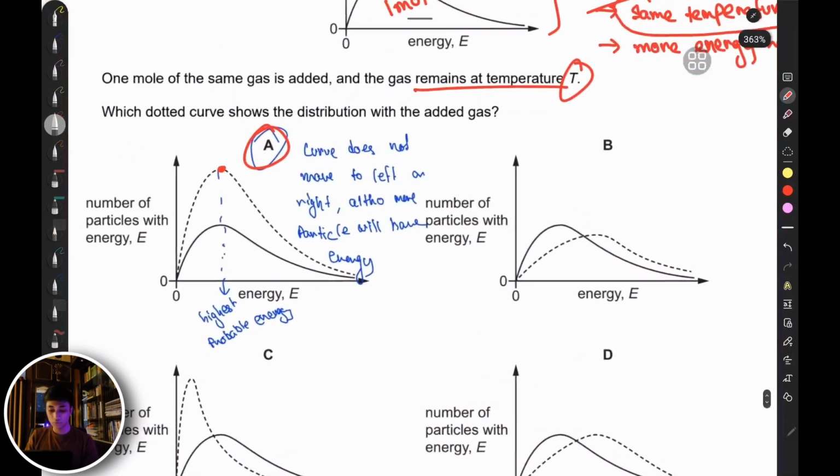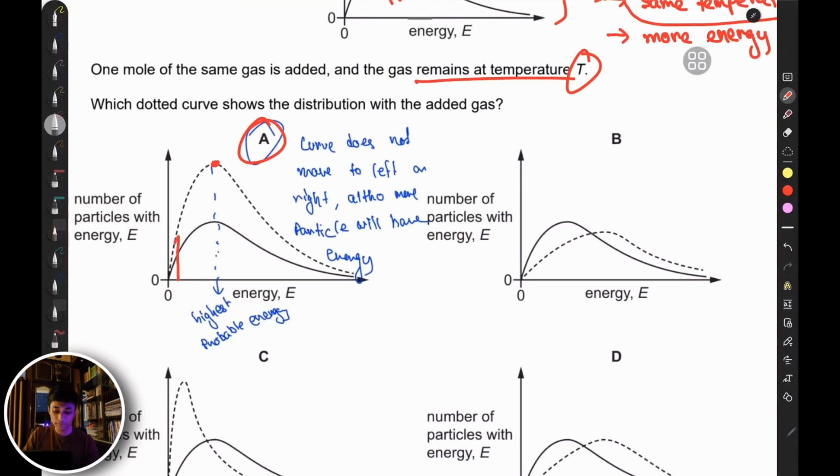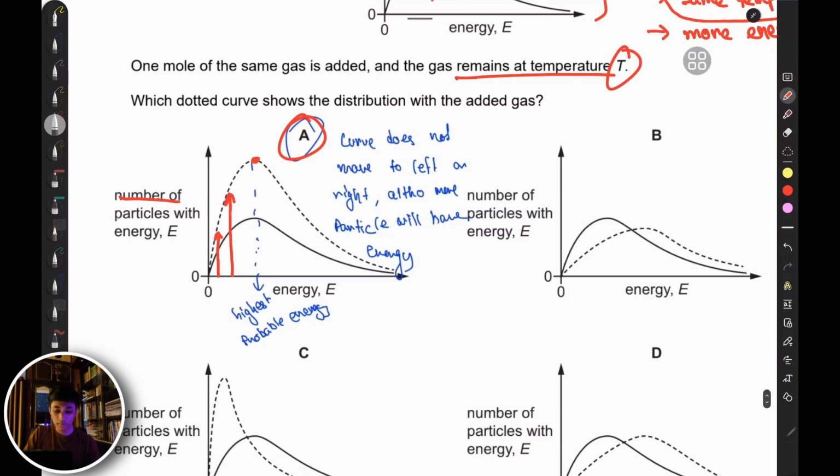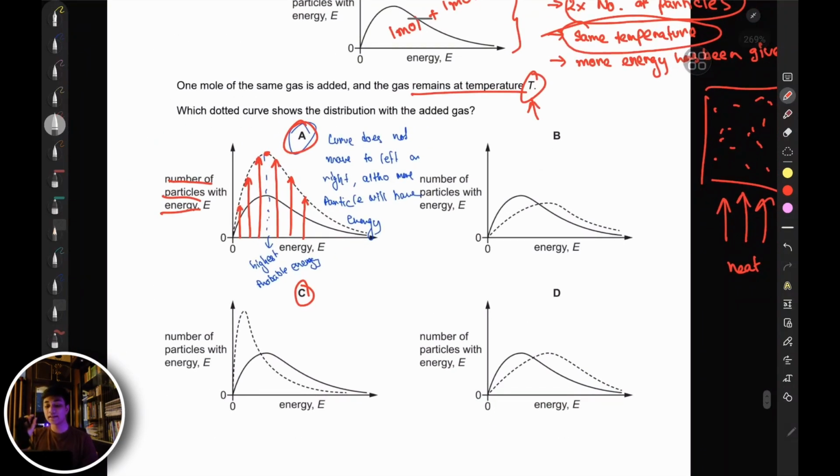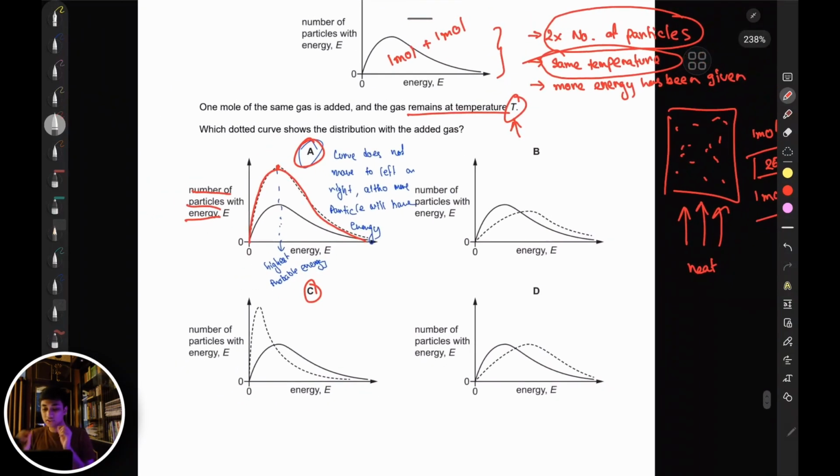Which is why the number of particles has increased substantially. So you could also argue for C, but the problem is they have mentioned temperature stays the same, which is why the overall shape of the curve, or let's say the place where the peak would be, should be the same. Because for the Boltzmann curve, at least for your papers, the shape of the curve is usually affected only by temperature.